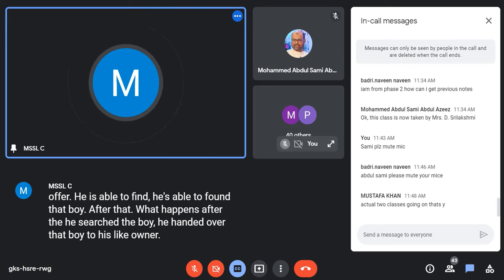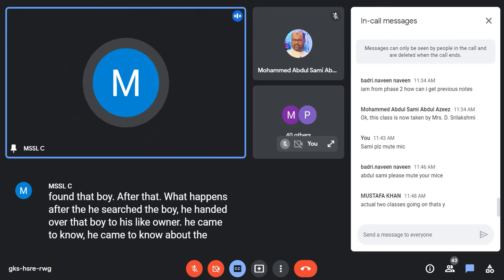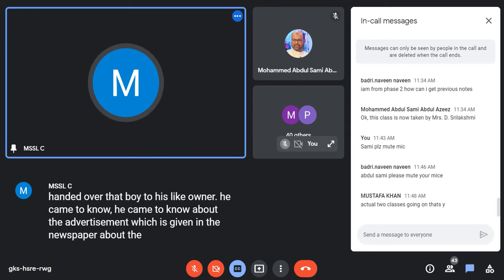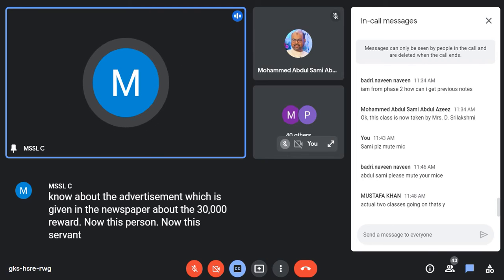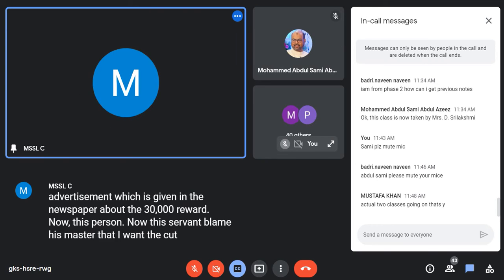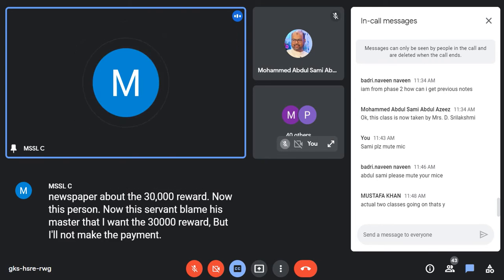Then he came to know about the advertisement offering the 30,000 reward. The servant claimed the 30,000 reward from his master. The master said he would not make the payment, so the servant went to court and filed a case against the master for the reward.